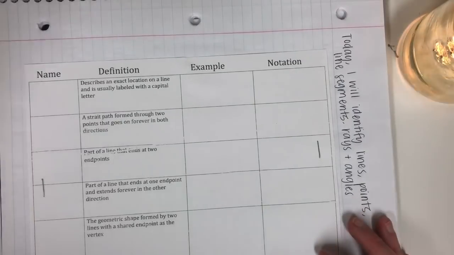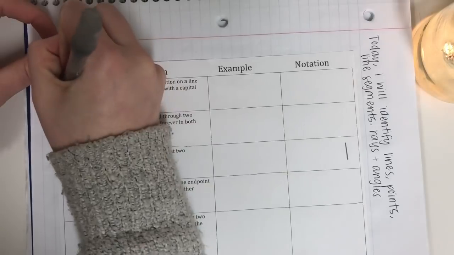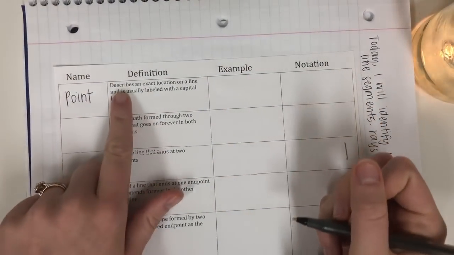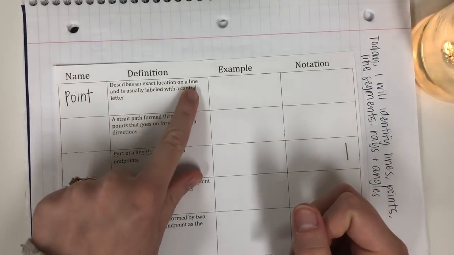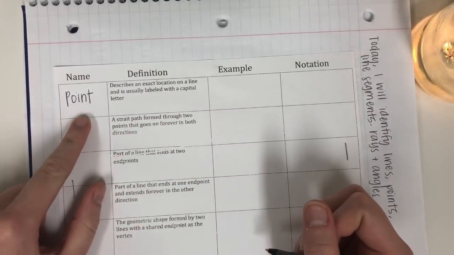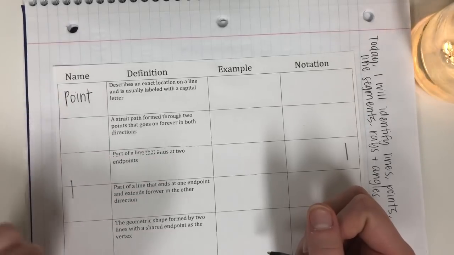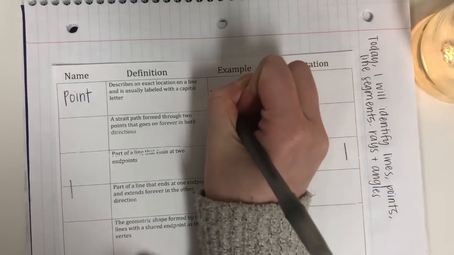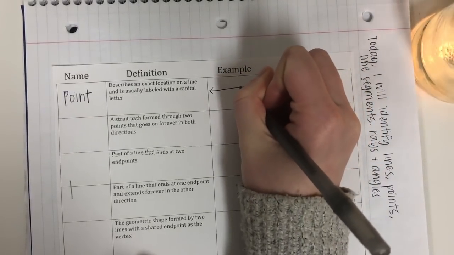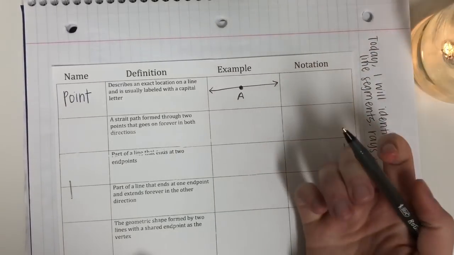So the first one that we have is a point. I'm going to write point under name. A point describes an exact location on a line and is usually labeled with a capital letter. We have worked with number lines for a while, so we know what a point is. It is a point on a number line. For example, let's say we have a number line like this, and this would be considered a point on a line.